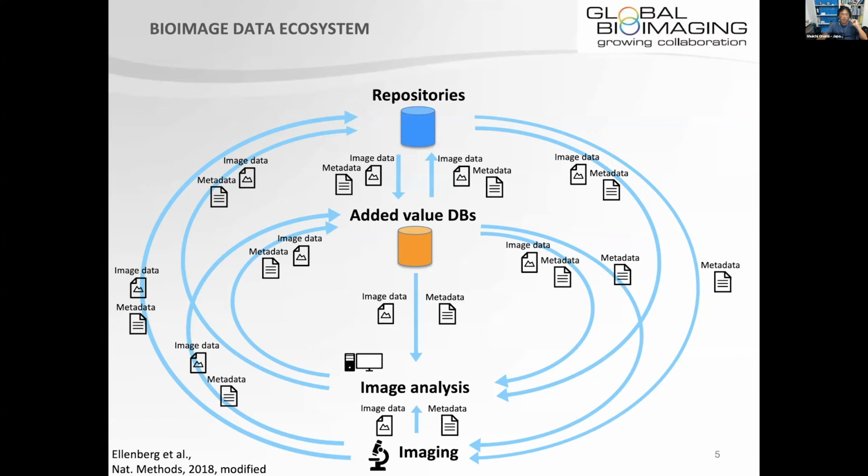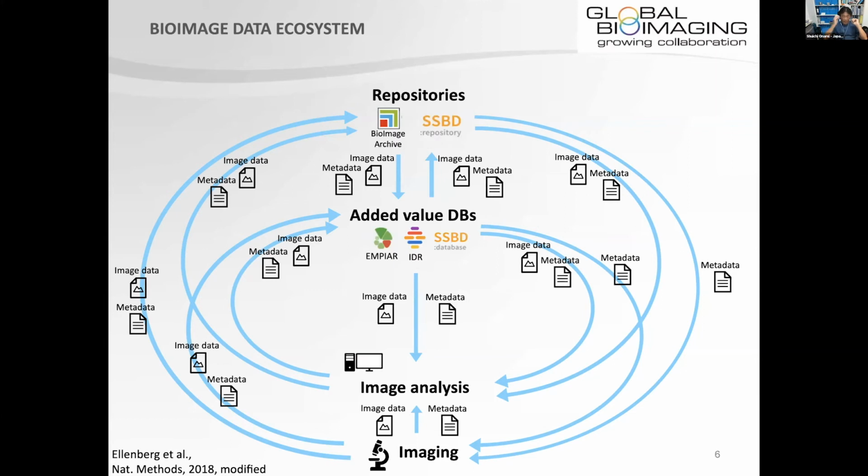We are currently thinking about these two layers of the data resource system, to open and share your research data and reuse those data for the next round of analysis. So this is the ecosystem they proposed.